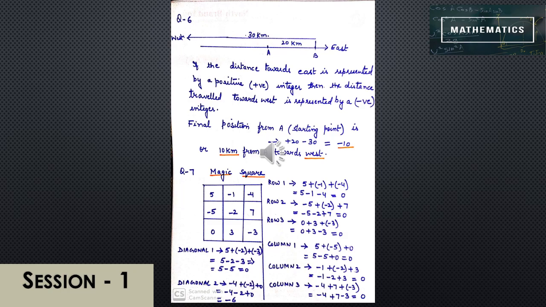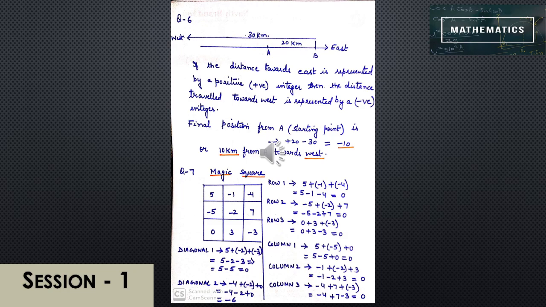Now the same person is moving from east to west. Then we will consider the distance as a negative integer. And if the distance covered from east to west is 30 kilometers, we will write it as minus 30 kilometers.